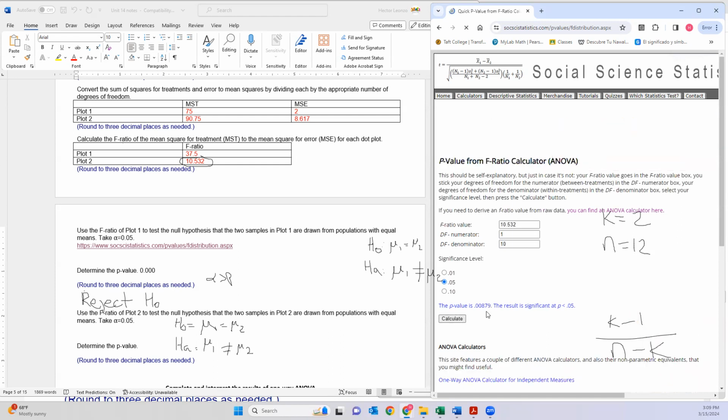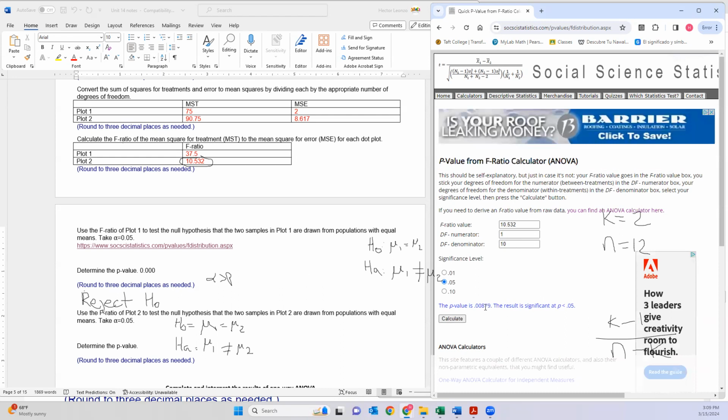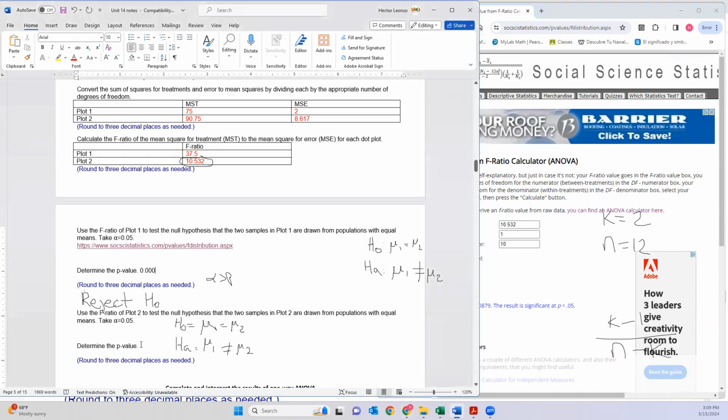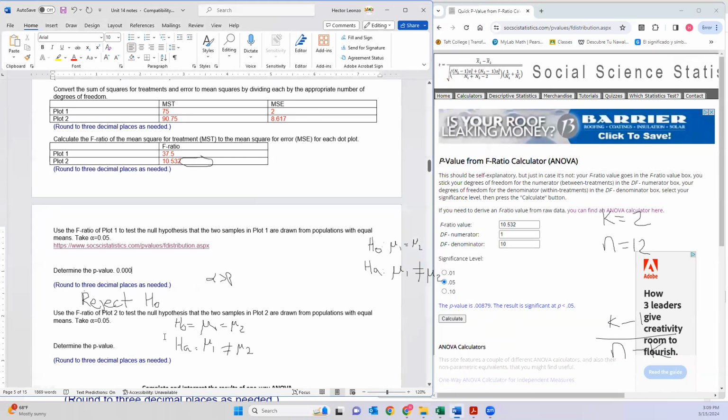Okay, let me calculate this. Round it to 3 decimal places. In this case, it is going to be 0.009.